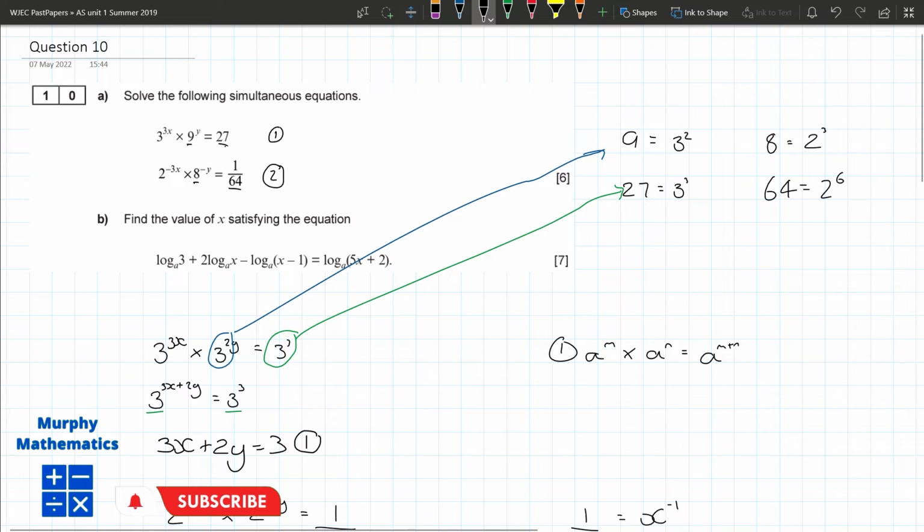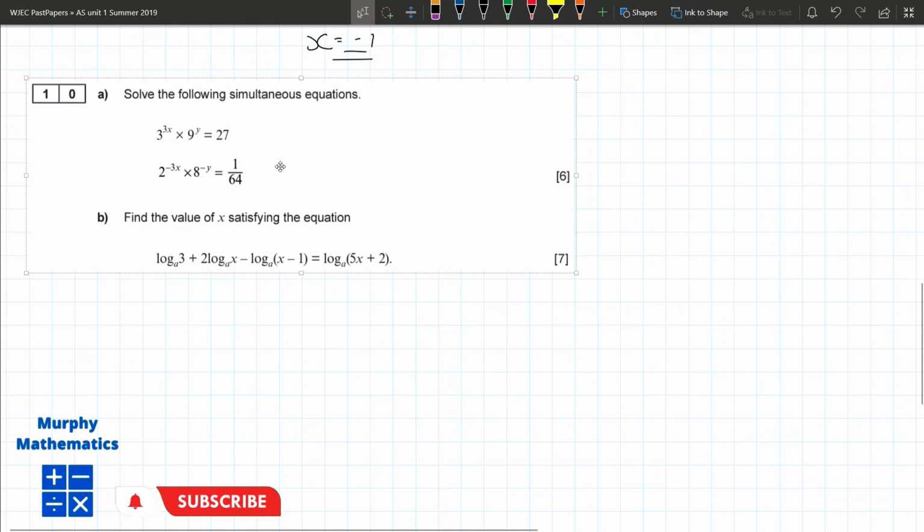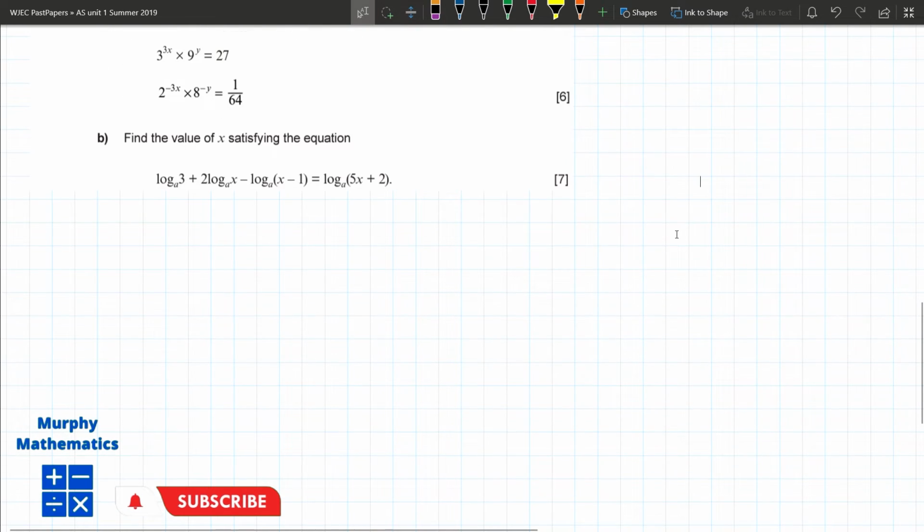And we're told that log a 3 plus 2 log a x minus log a (x minus 1) equals log a (5x plus 2). Okay, so this is going to be using log laws.